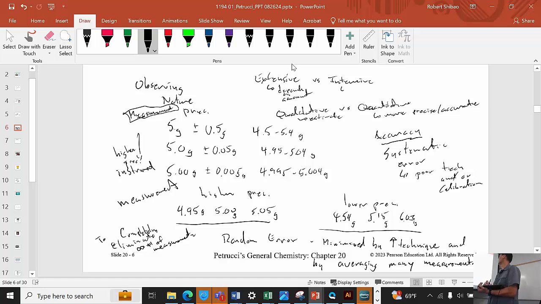Intensive property is independent of amount. It doesn't matter how many feathers or how much gold you have. The densities are dramatically different between gold and feathers. And so this is independent of amount.